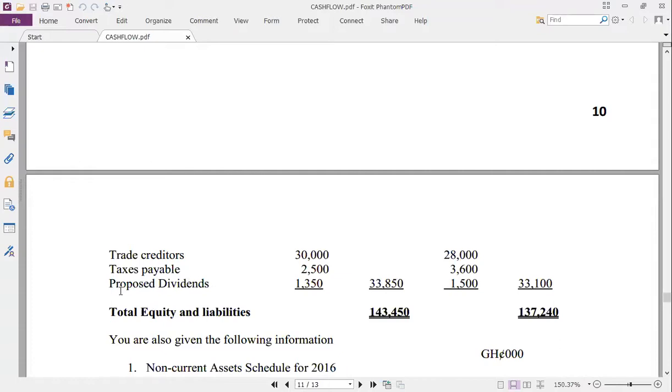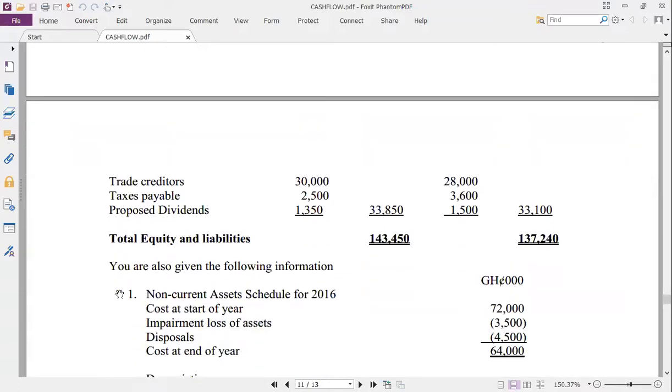Then you pick the dividend paid. We don't pick proposed dividend. We're looking for cash movement. Proposed dividend or dividend declared has not been paid until it has been paid. We want the dividend paid, not dividend declared or proposed. Good. So that's why we are massaging the dividend proposed to get dividend paid with the effect of the open balance and closing balance. Okay, so that's the dividend.